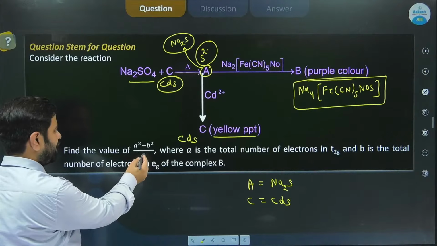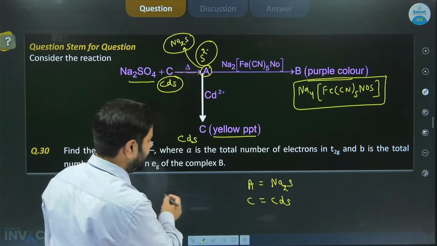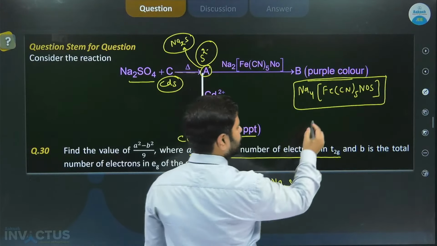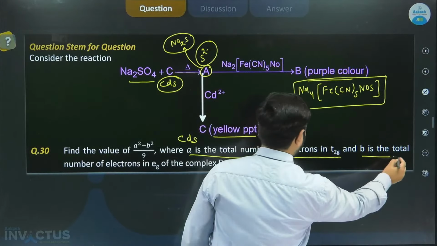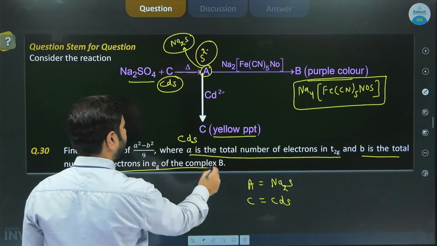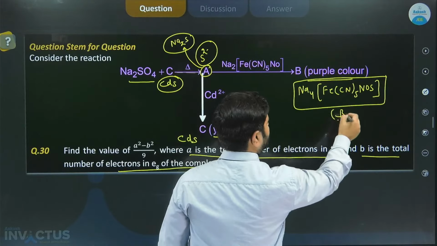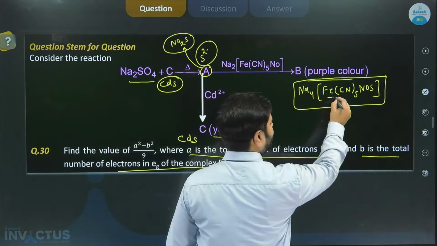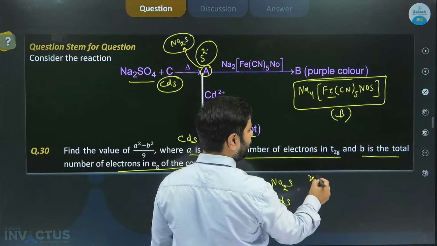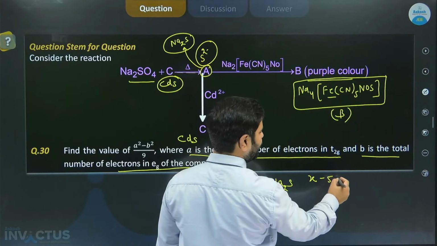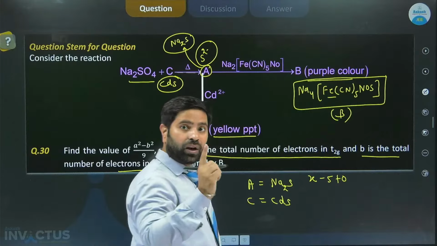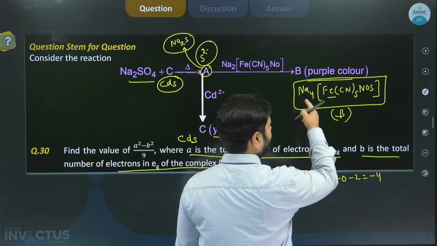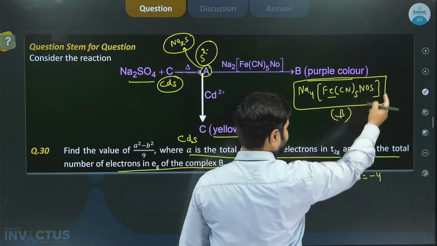Find the value of A square minus B square by 9. What is A? A is the total number of electrons in t2g, and B is the total number of electrons in eg of complex B. This is complex B. We can simply tell the oxidation state of iron. Iron is X, minus 5 for the cyanides, plus NO, which is a neutral ligand, minus 2 for the sulfide, equal to minus 4, because the complex would carry a minus 4 charge.